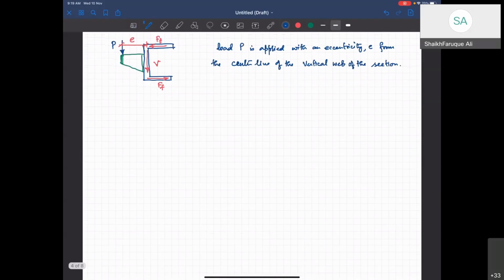In that case, if I take moment, how will it look?